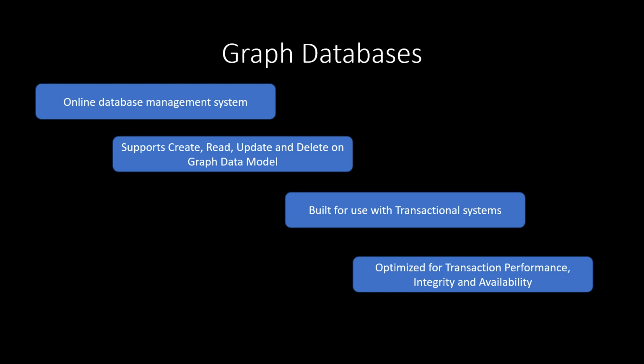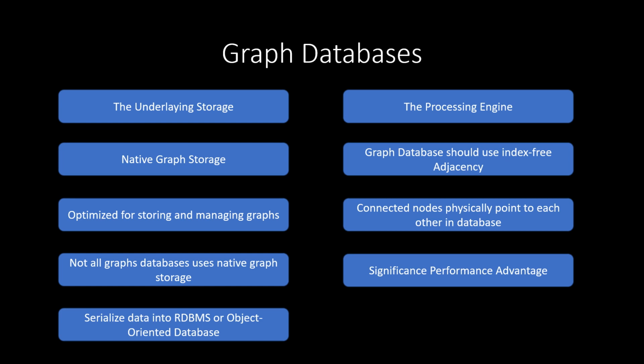As discussed, graph databases are online systems that are accessed by applications. These databases support CRUD operations on the graph data model. They provide transactional capabilities and they are optimized for transaction performance, integrity of data, and availability. There are two features of graph databases that need to be considered when investigating database technologies.